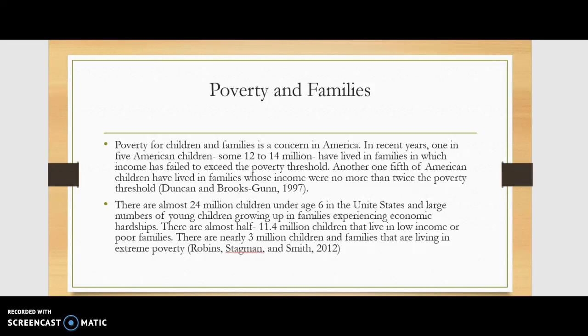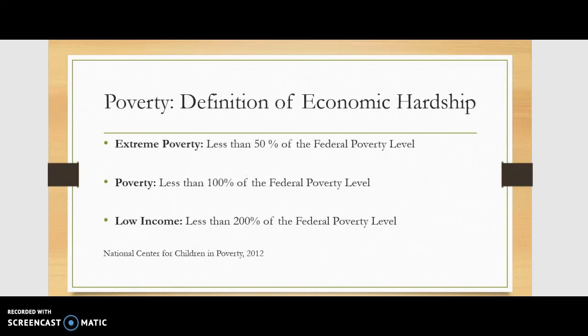Going back to, I think I skipped a slide and I went a little too fast. I apologize. So going back to this slide, the National Center for Children in Poverty of 2012 defines poverty as economic hardships.